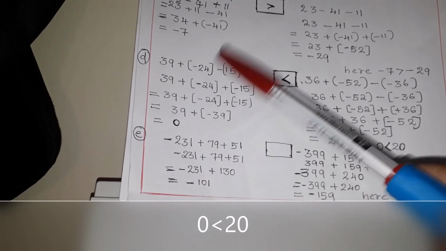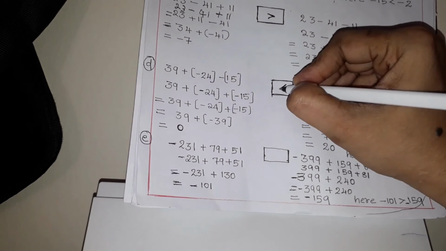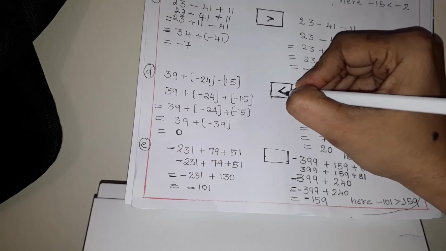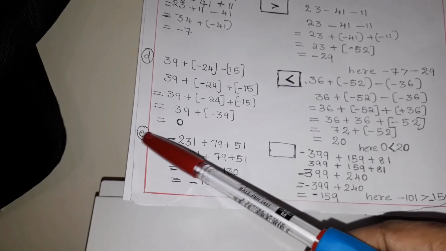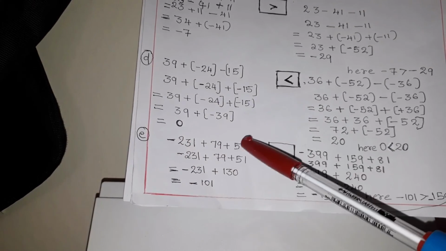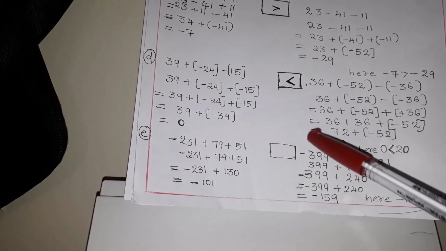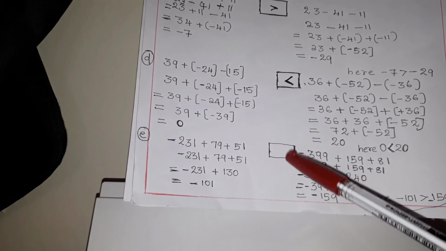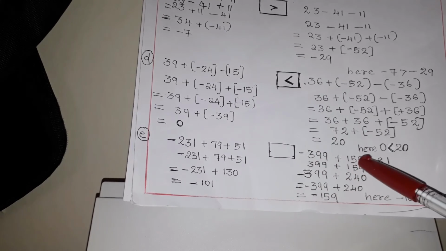Then bit E. So we have to put the sign like this. Then bit E, minus 231 plus 79 plus 51, which is box minus 399 plus 159 plus 81.